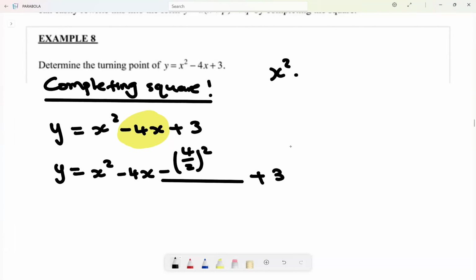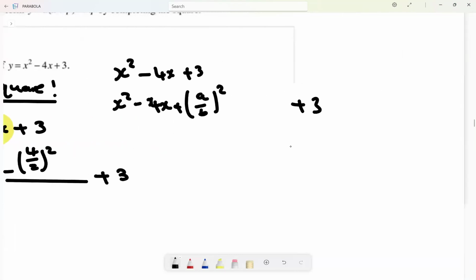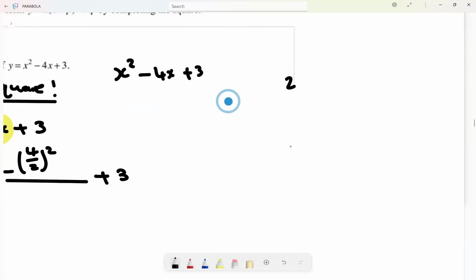If I'm having x squared minus 4x plus 3, and I add a new term, if I want to go back to this original one, I need to remove it. Then I'm going to subtract the very same number, so that they will cancel off.